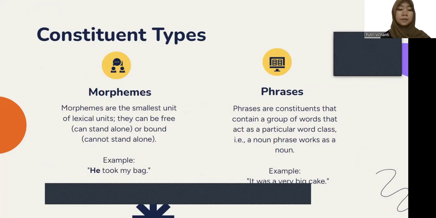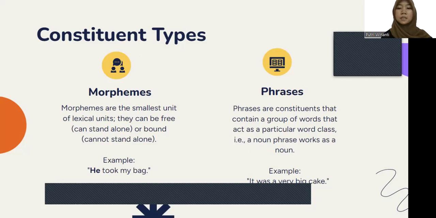In simple terms, free morphemes are individual words that cannot be broken down further: cat, he, laptop, etc. And bound morphemes are the affixes we attach to them, such as quickly, unfinished, houses, etc. For example, he took my bag. Here, the free morpheme he is the subject of the sentence and a valid constituent. As bound morphemes cannot stand alone, they cannot be constituents on their own.